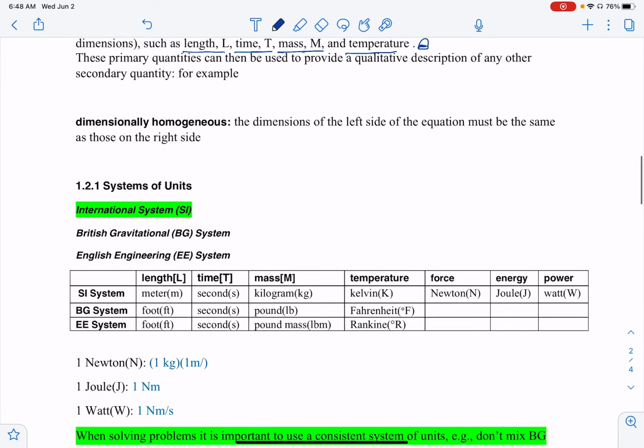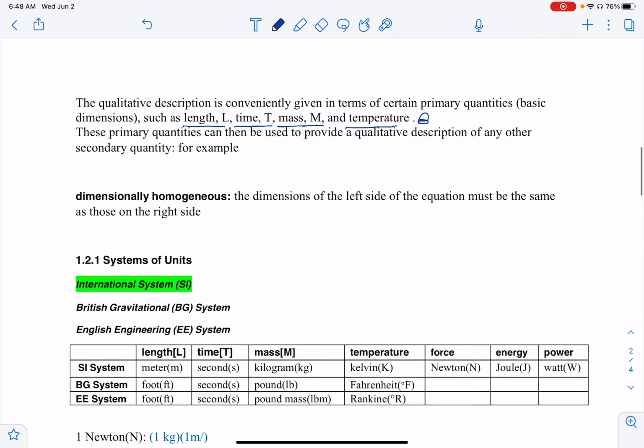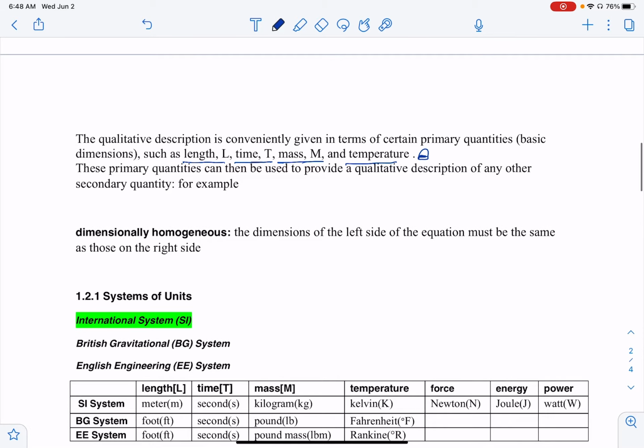So for example, let me take some examples of secondary quantities, which are made from the basic dimensions.